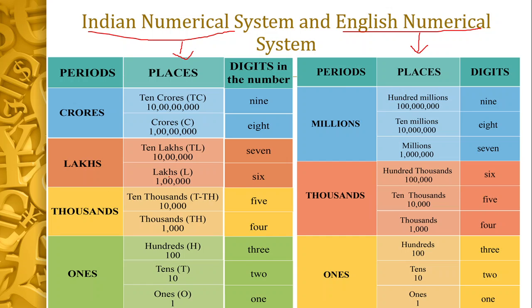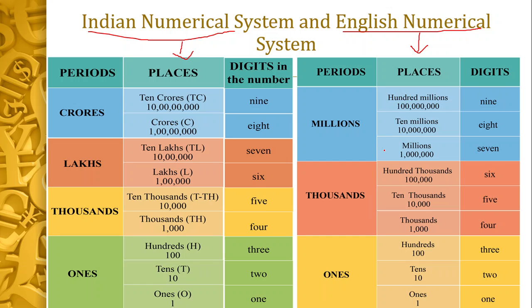The difference starts from the 6th digit. In Indian, whenever it is 6 digits, it is 1 lakh. But when it comes to English numerical system, it becomes 100,000. And the 7th digit under Indian numerical system is 10 lakhs, and in English numerical it becomes million.